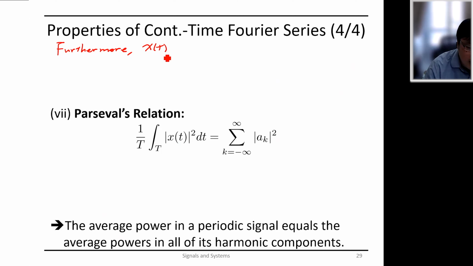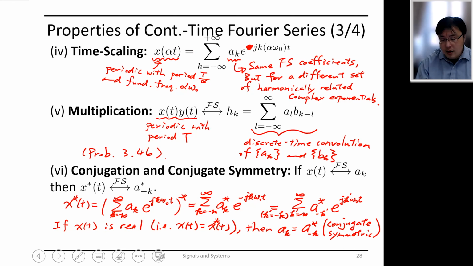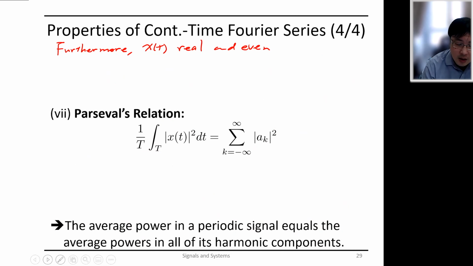Now, furthermore, if you have x of t that is not only real, but also even. You know that if it is real, then ak will be equal to a sub minus k complex conjugate.